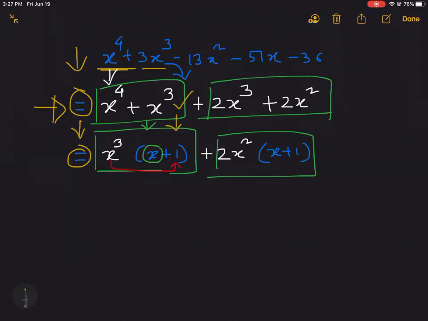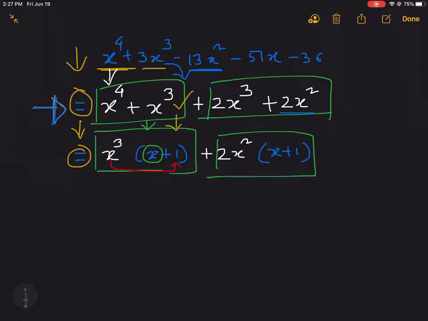Now, I have 2x squared here, but how many x squared did I have initially? Negative 13. So what else do I need to write here to keep this value intact?